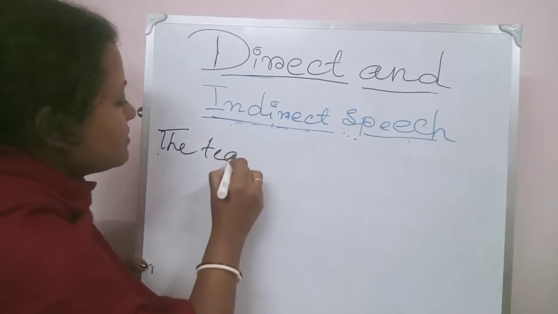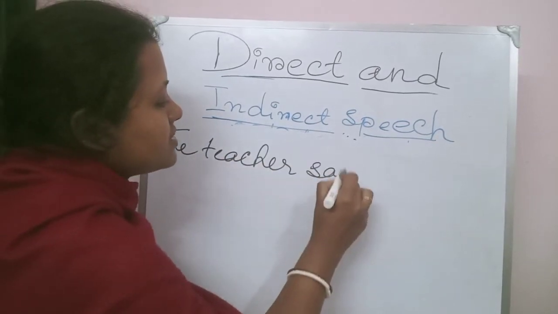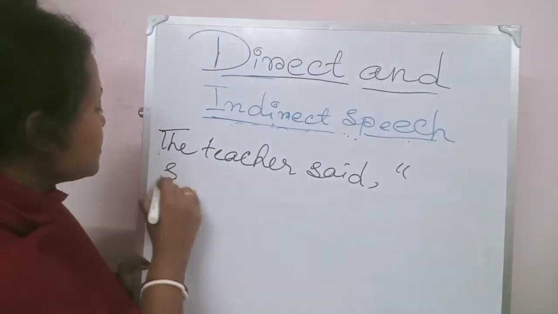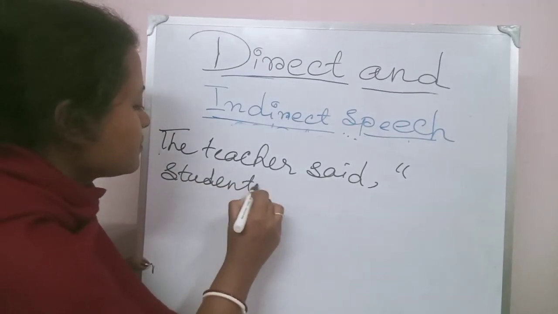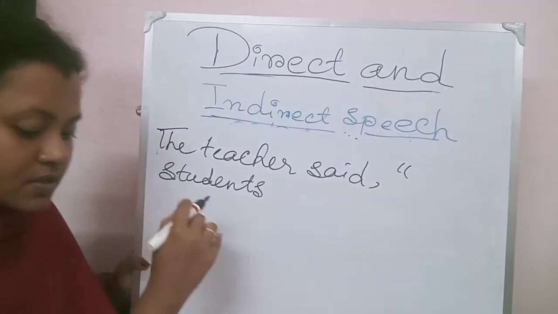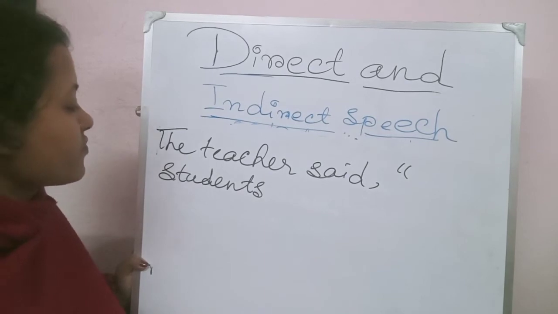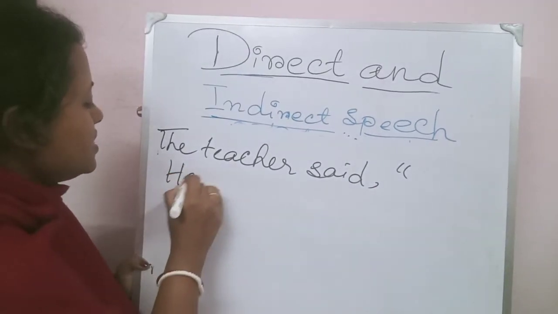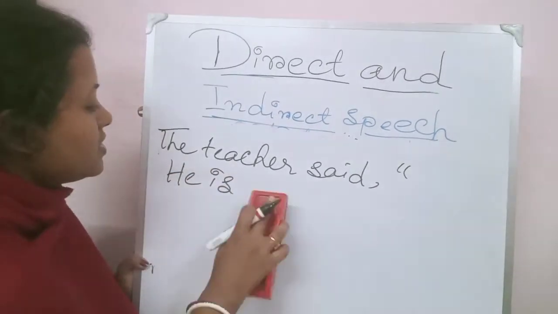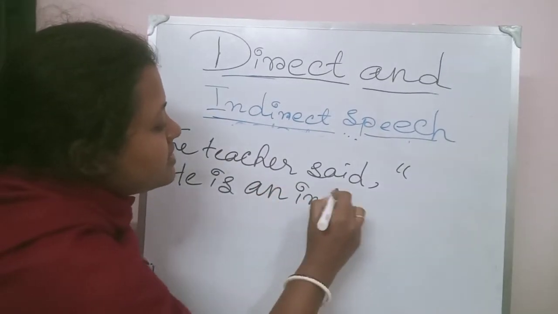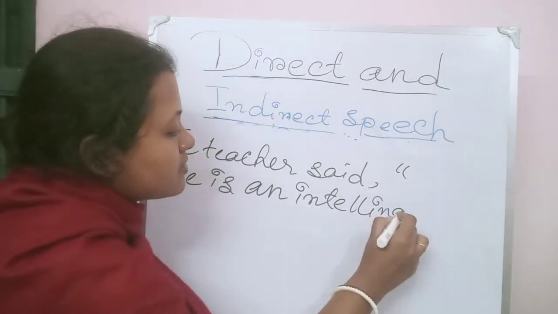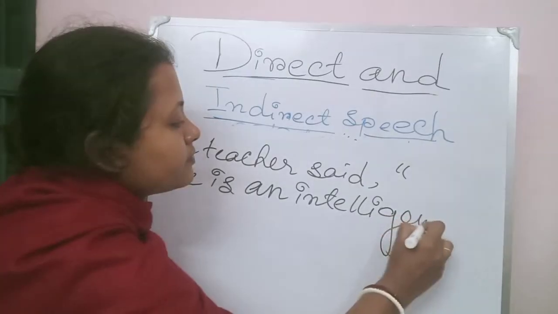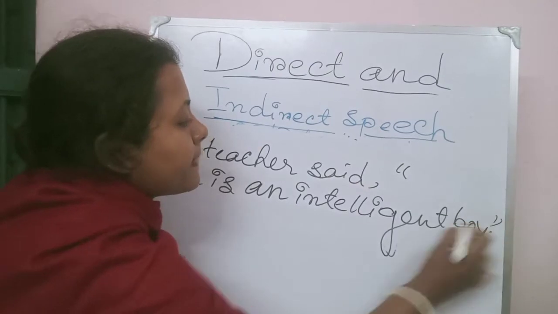The teacher said, comma, inverted comma starts, "he is an intelligent boy," inverted comma close.